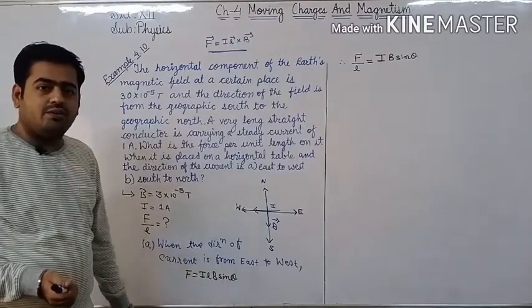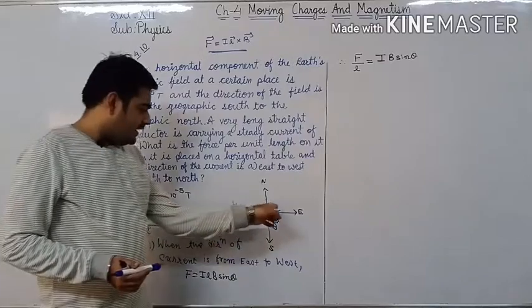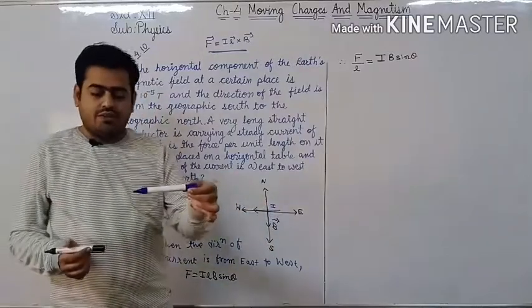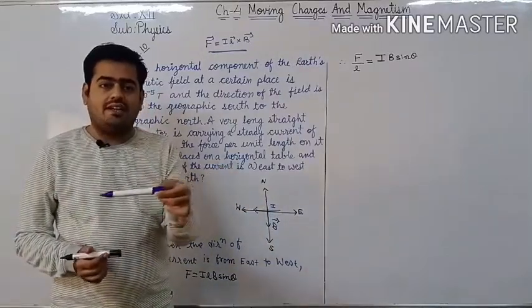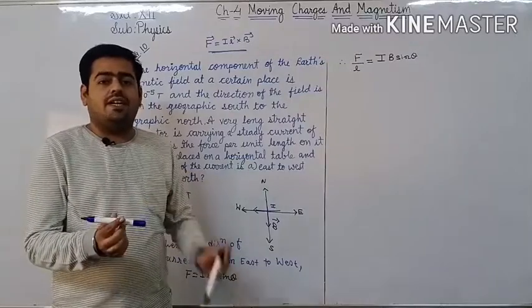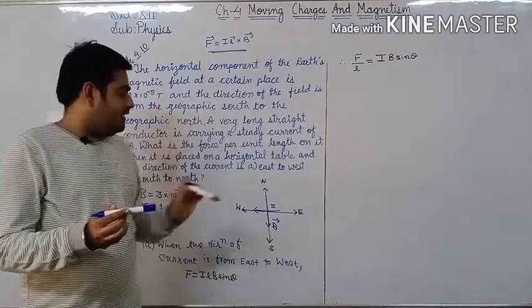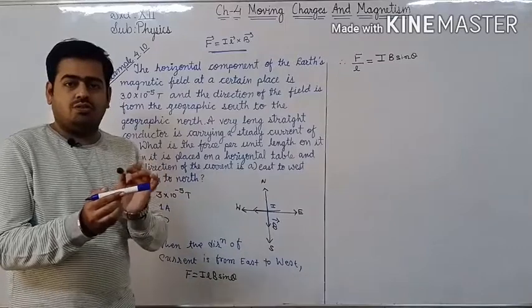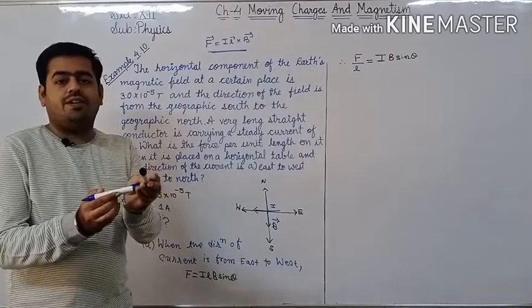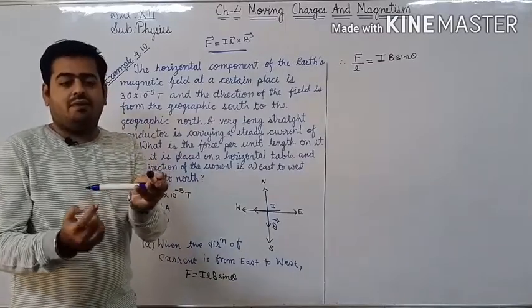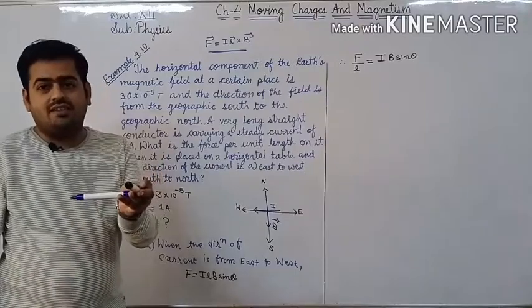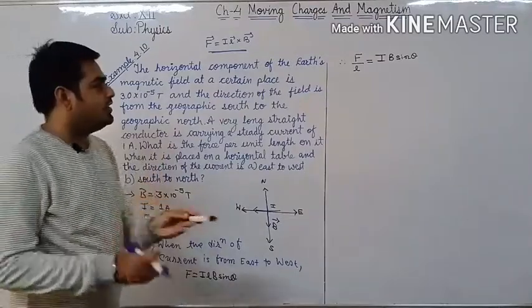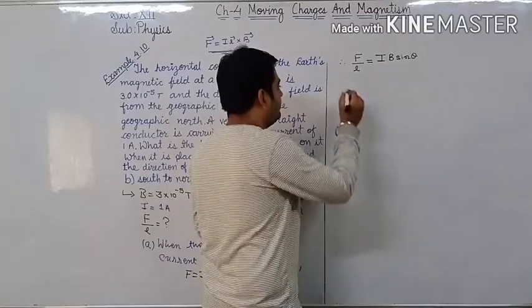Length element we have to take in the direction of current. Current is from east to west. So this is the direction of electric current, and magnetic field is in which direction? North to south. So what is the angle between length element and magnetic field? That is 90 degree. So theta we have to take 90 degree.